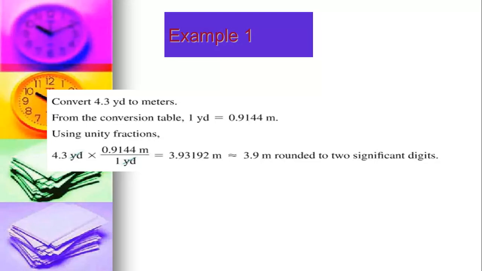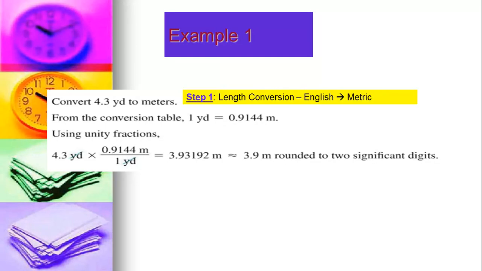Then, yung conversion factor natin per yard is 0.9144 meter. Then, cancel yung yard. And then, multiply 4.3 times 0.9144 meter. Ang lalabas ay 3.93192 meters. And that is exactly 3.9. So, in-round up lang natin siya into 2 significant digits.